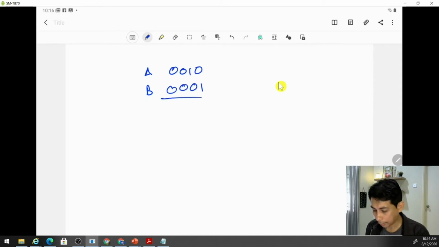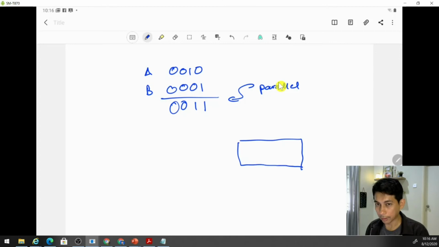We add them using the full adder, and we have 1100, and this is done in parallel. The good thing about this is that we can get the result very fast.